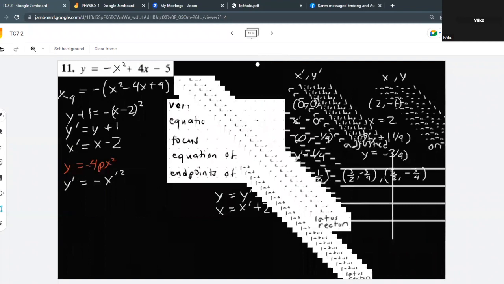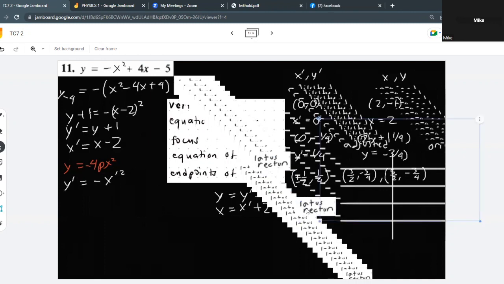Yung equations natin, paki-fix. Yung x squared equals 4py is equal to negative 4py.